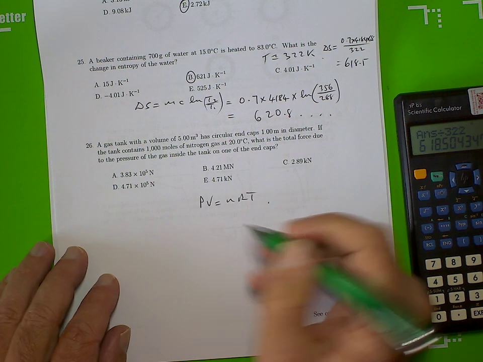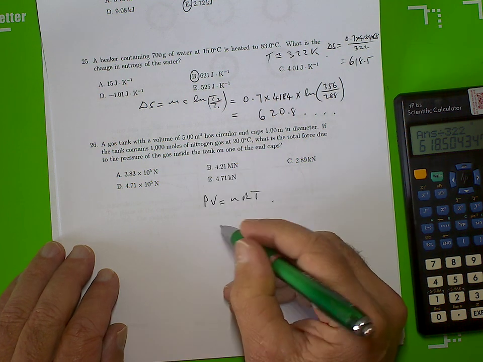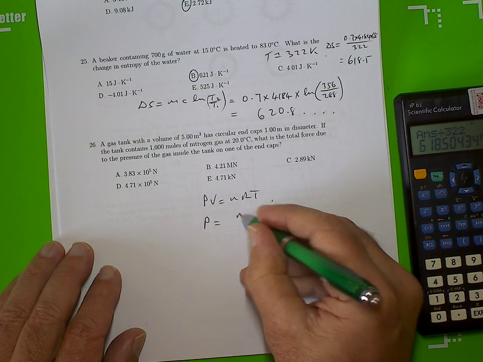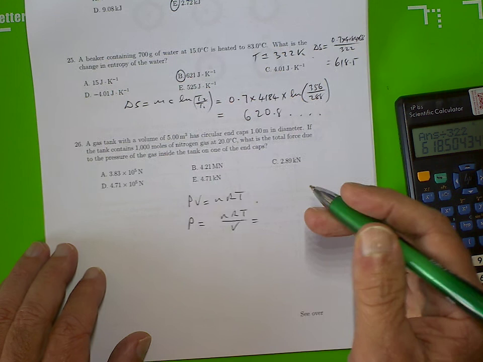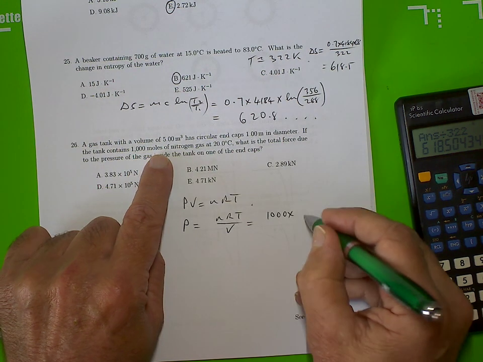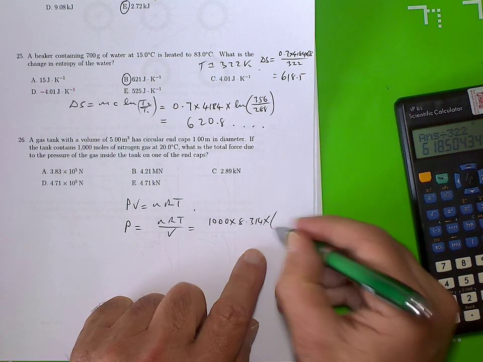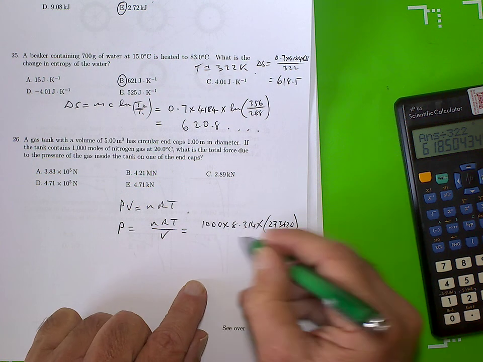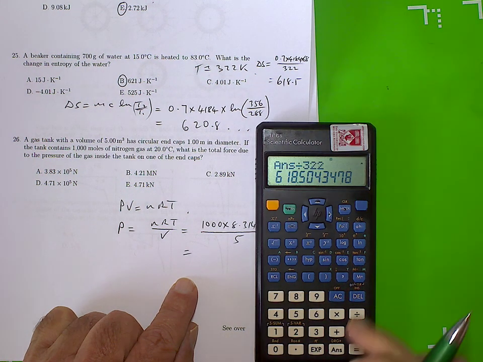The volume is 5 cubic meters, so the pressure is nRT over V, which is n, 1,000 moles, times R, 8.314, times T, 273 plus 20, over V, which is 5.